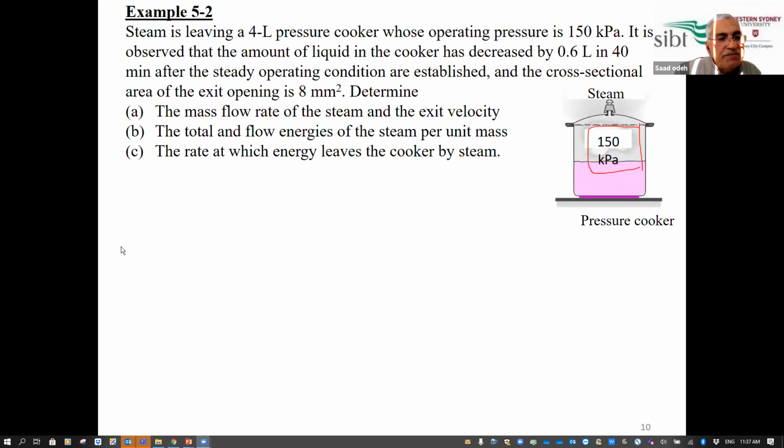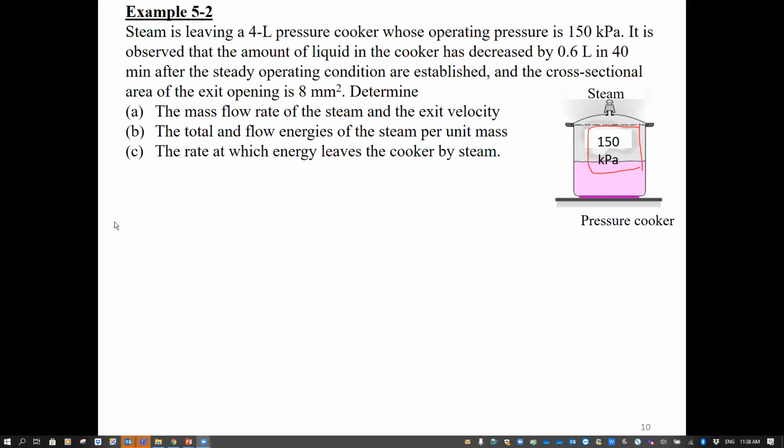Can you remember this? 101, correct, 101 kilopascal.